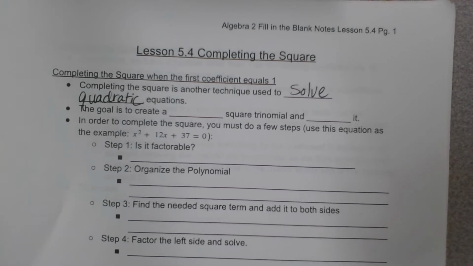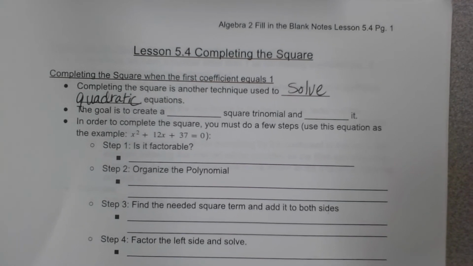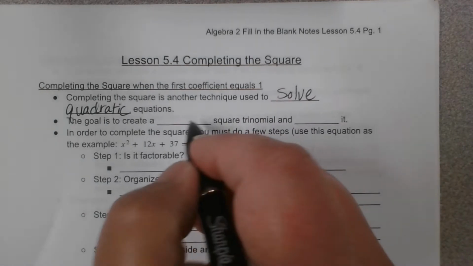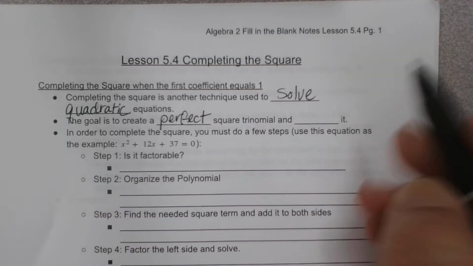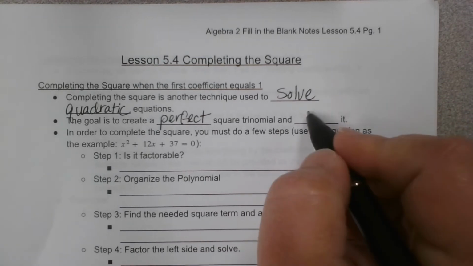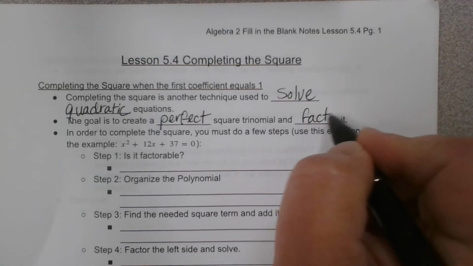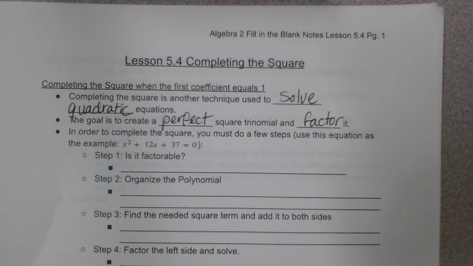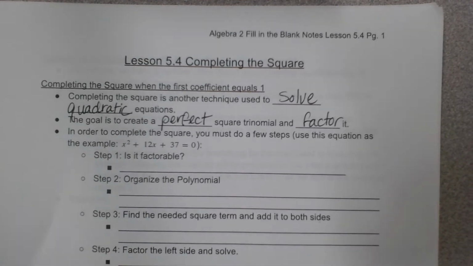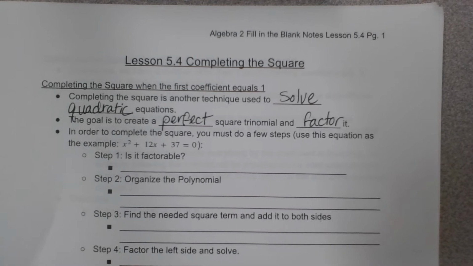So the main thing here, the goal, is to create a perfect square trinomial, and I'll explain that as we go, and factor it. In order to complete the square, you must do a few steps. And we've got an equation here that we're going to use as an example as we go through this, okay?